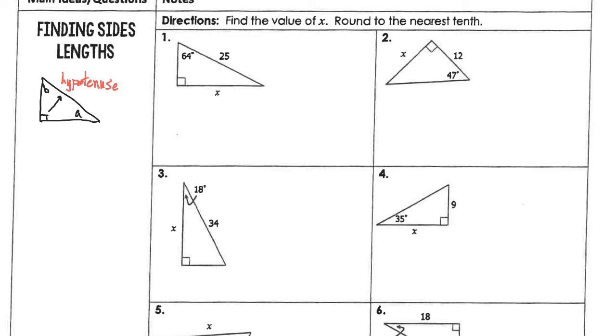The names of the other sides are determined by which angle you're looking at. So if I'm looking at angle A, the side opposite of angle A would be over there. So this would be opposite for A. And then the side that's touching A but not the hypotenuse, because the hypotenuse obviously touches A, the other side is the adjacent.